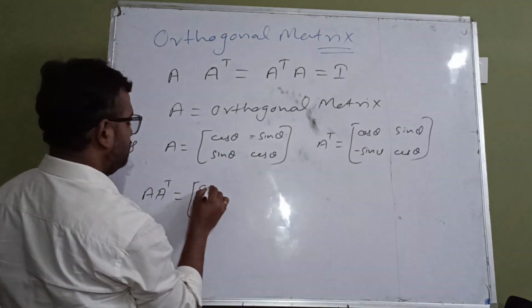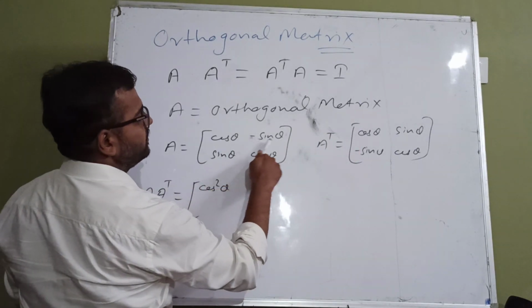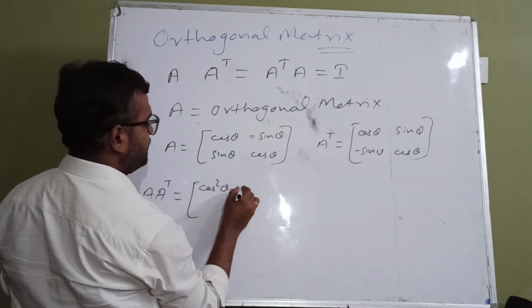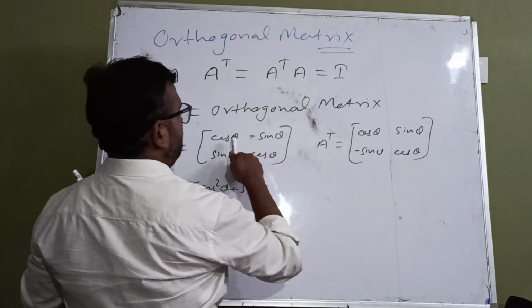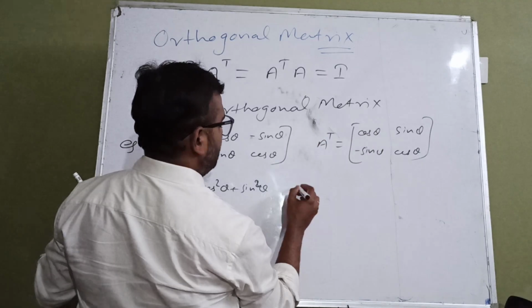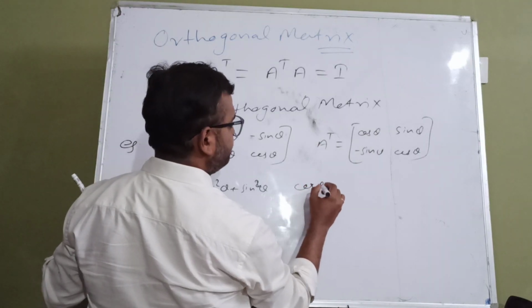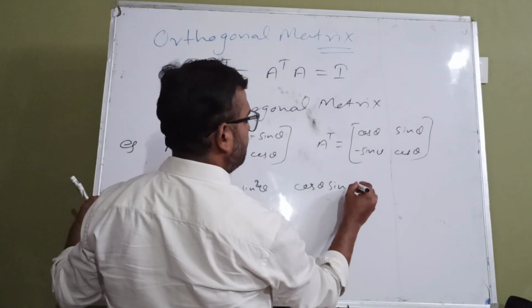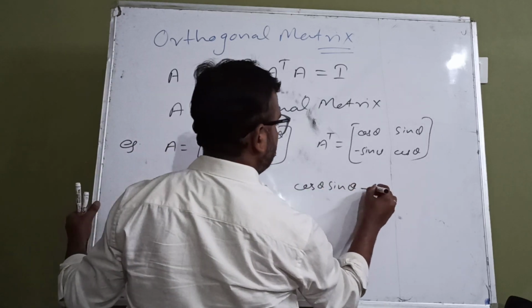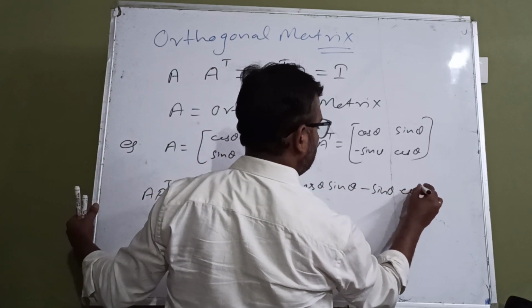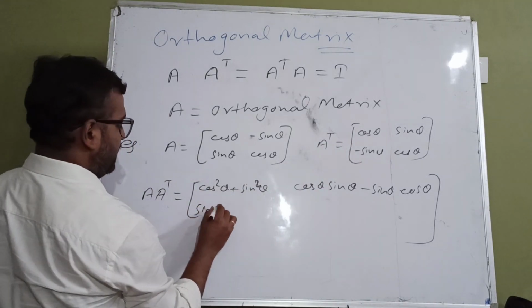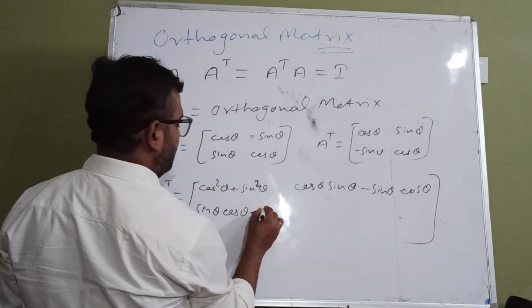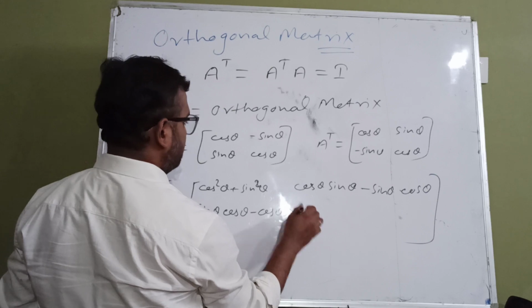Cos into cos, cos square theta, and sin into sin, minus and minus plus, sin square theta. Now A12, cos theta into sin theta, and minus sin theta into cos theta. This is sin theta cos theta minus cos theta sin theta.